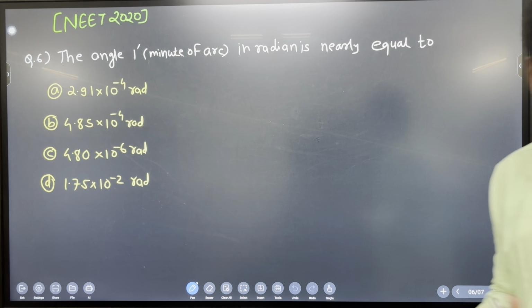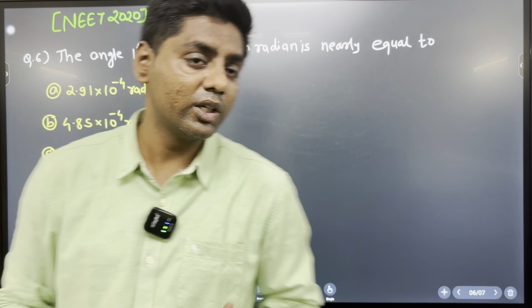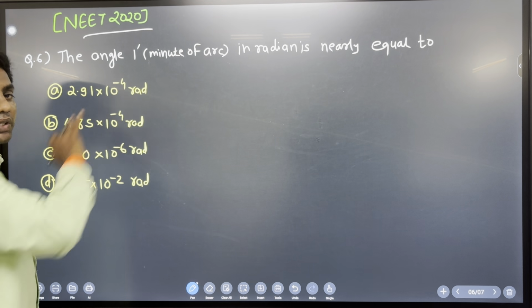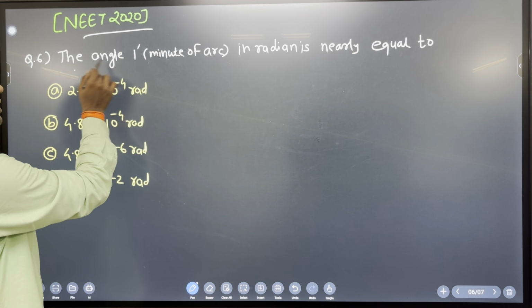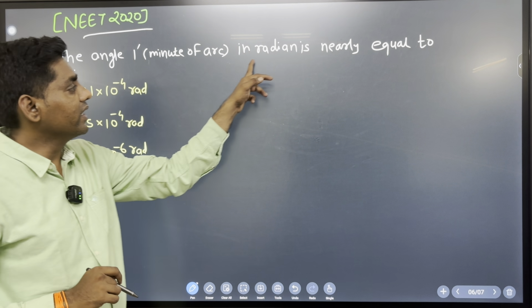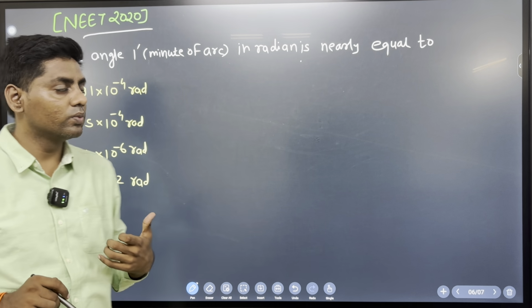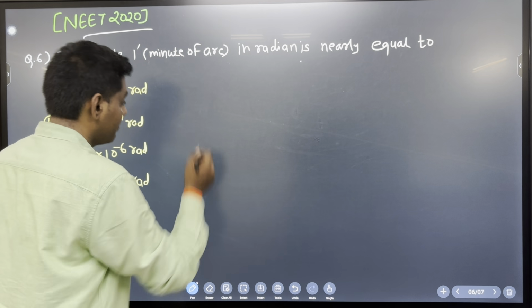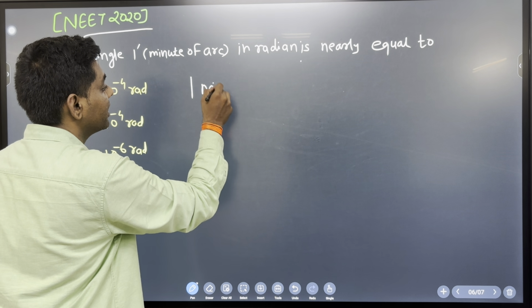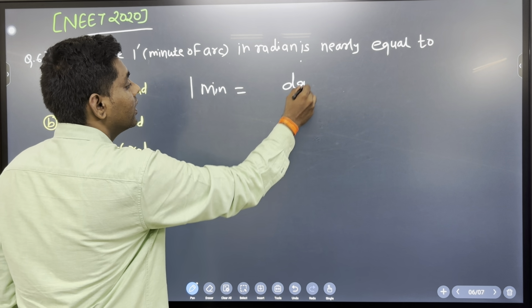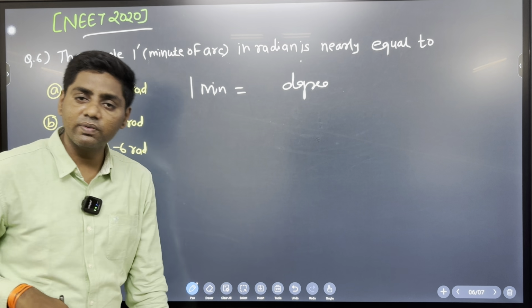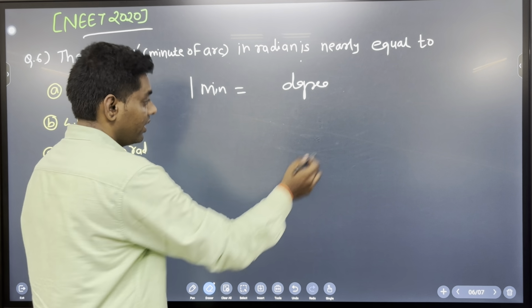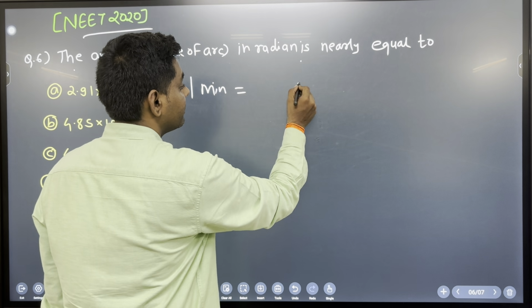So the next question is again a question asked in the NEET 2020 examinations. Question बहुत easy है. So what we have to calculate? The angle in radian is nearly equal to. आपको फार्मूला पता है? बहुत simple फार्मूला है. What is the relationship between the minute in terms of degree? Can anyone tell me?